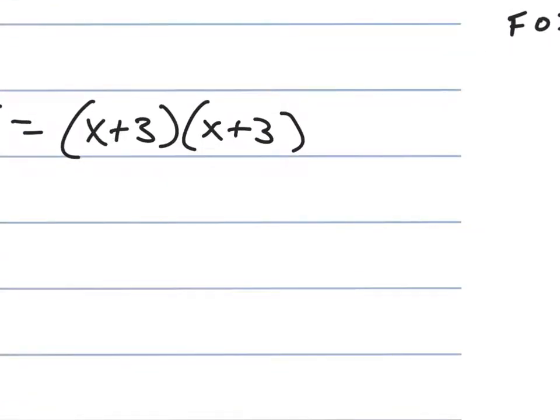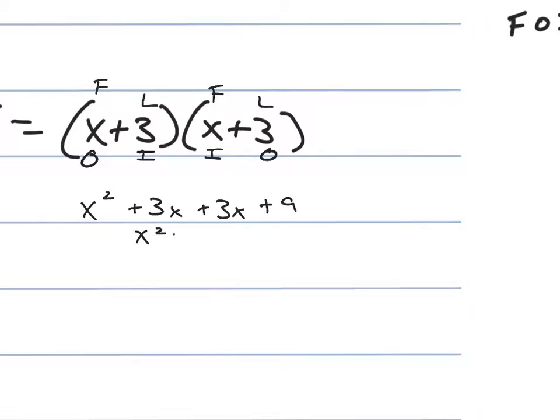The first term times the first term, x times x is x squared. The outer terms, 3 times x is 3x. The inner terms, 3 times x is 3x. And the last term times the last term equals 9. When you simplify that, it ends up as x squared plus 6x plus 9.